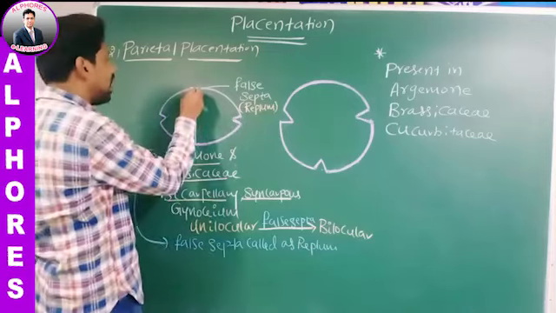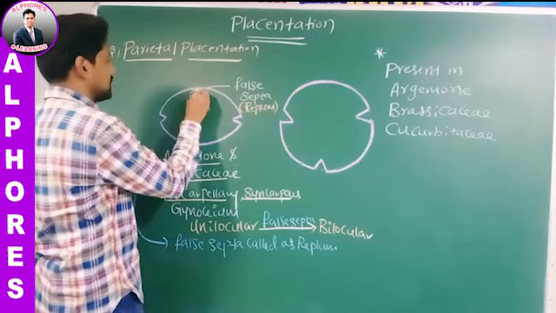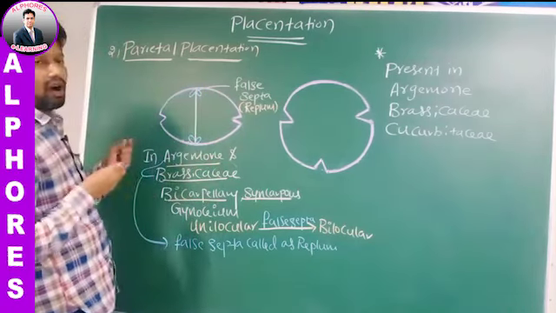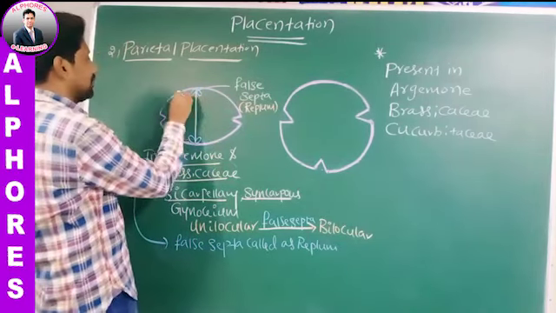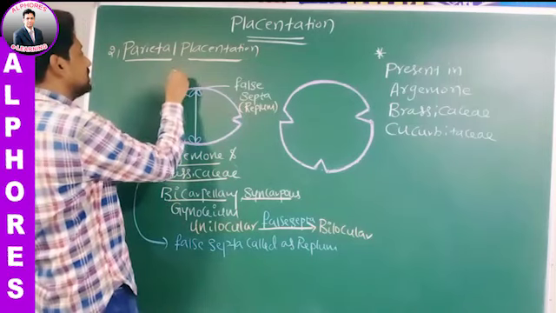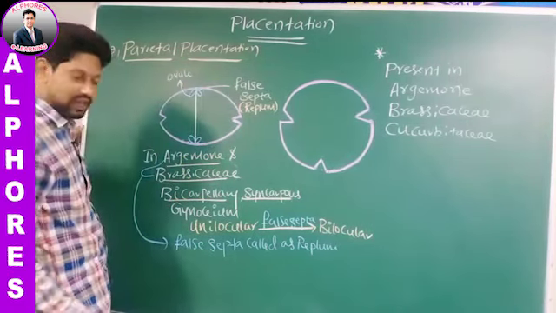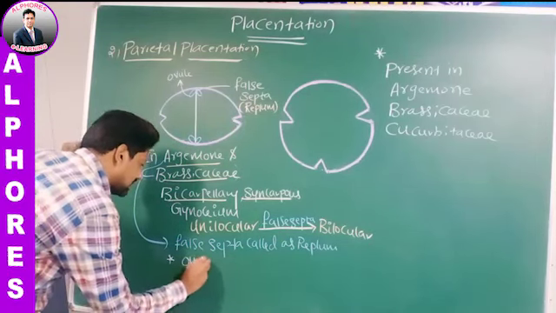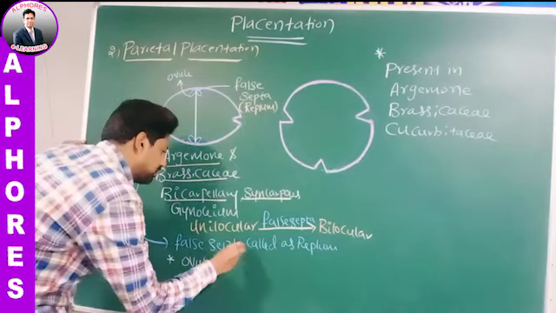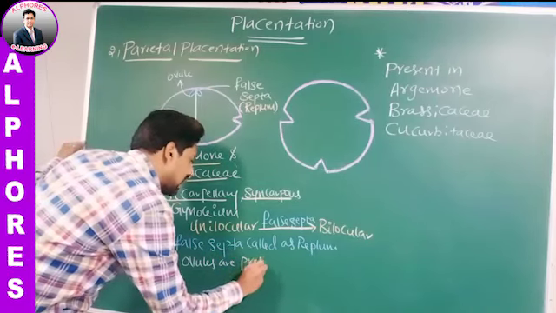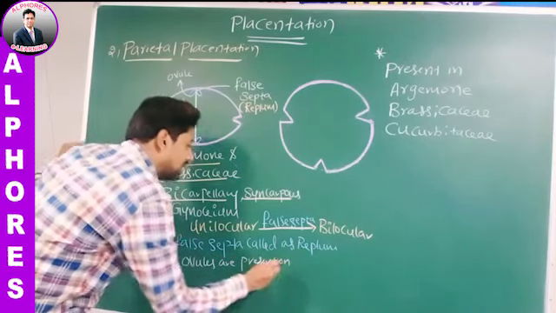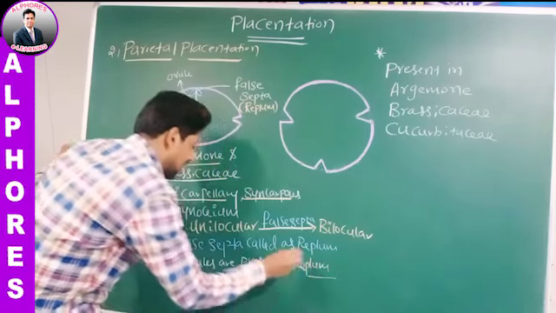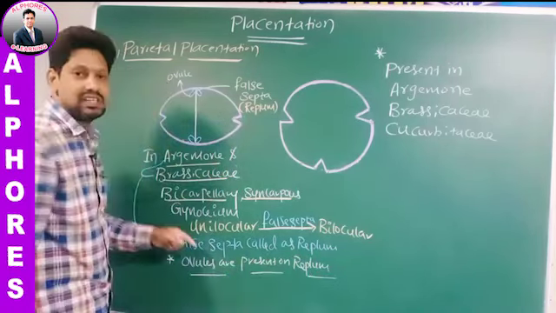Now on this replum, ovules are present. Replum means false septa. Why are ovules present on the replum?